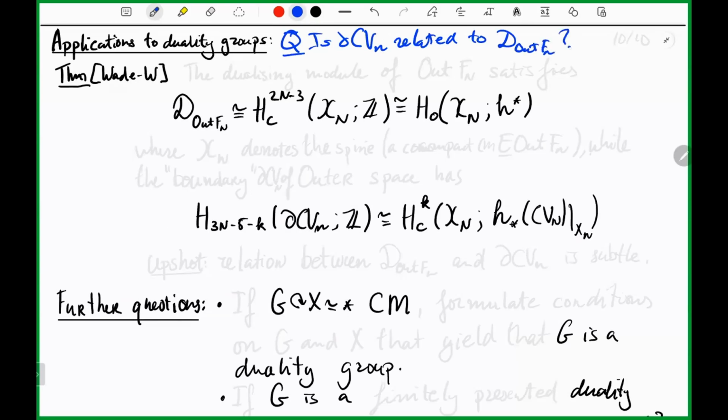And the reason this is expected is that this is what happens with mapping class groups, essentially.